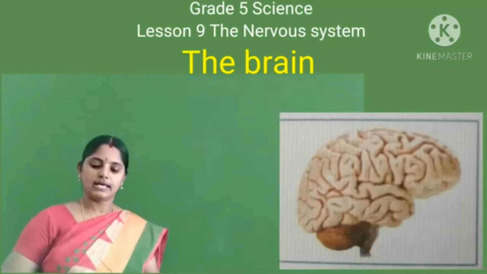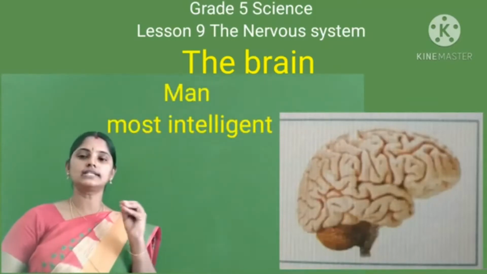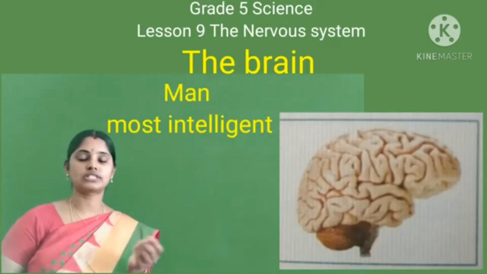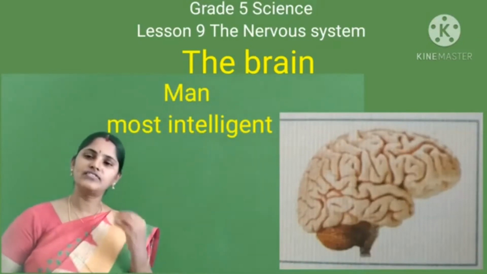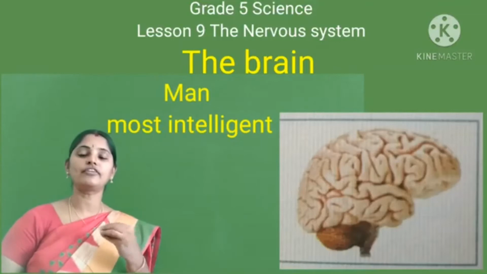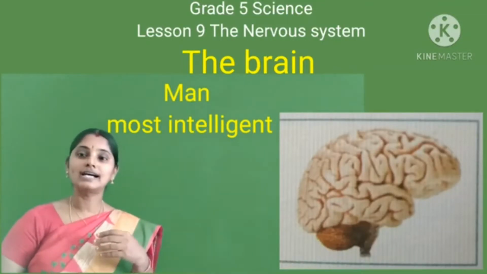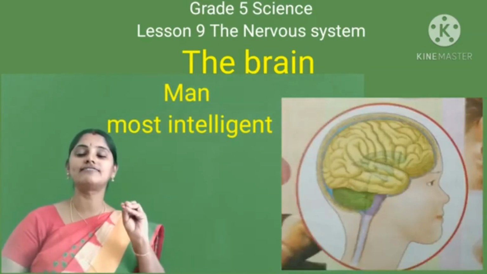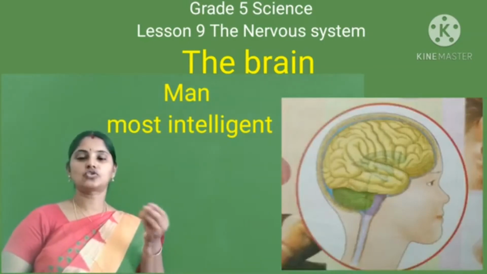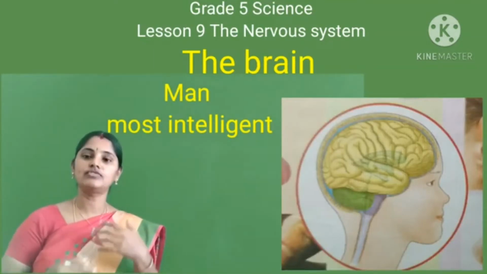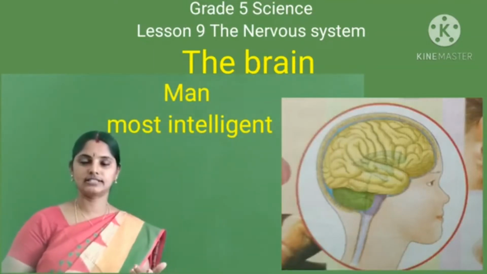The brain. Man is the most intelligent animal on the earth, which makes him stand apart from all other organisms in the world. Man has a highly developed brain. Because we have a highly developed brain, we have our intelligence, isn't it?